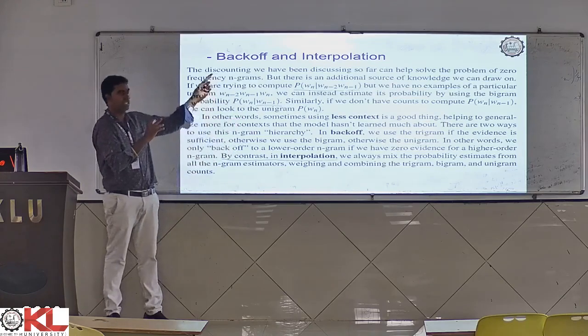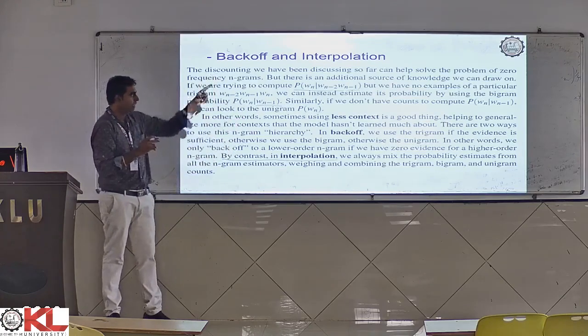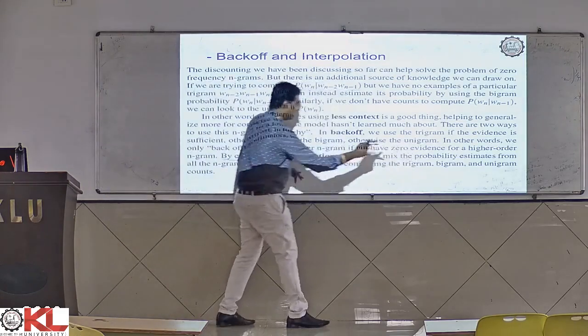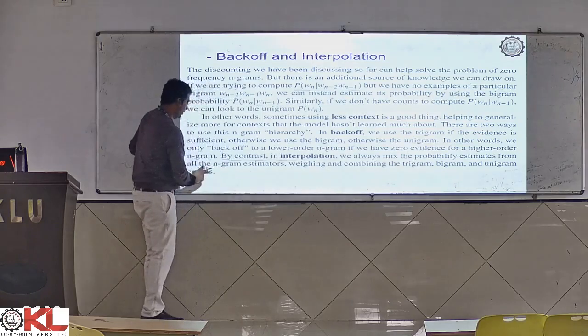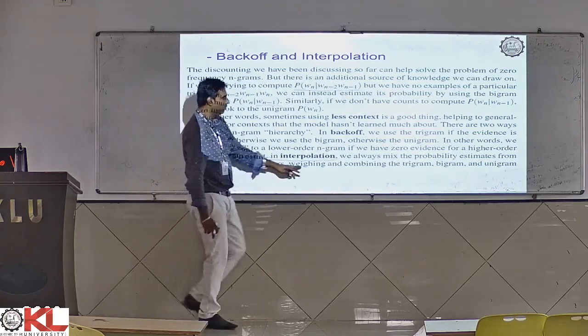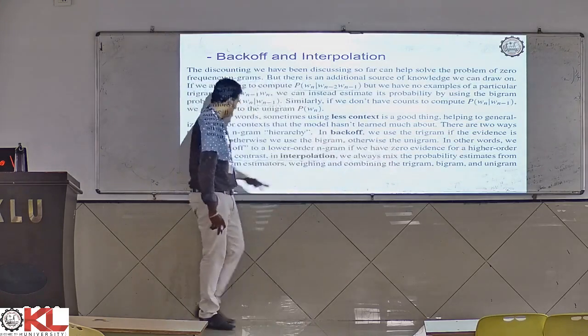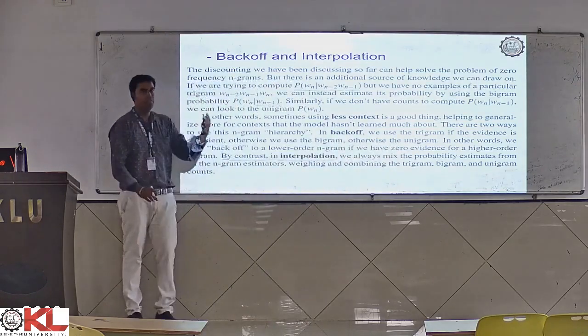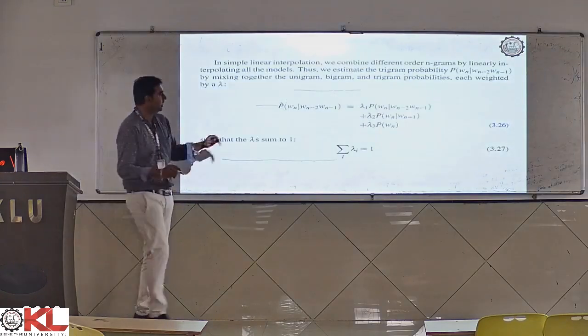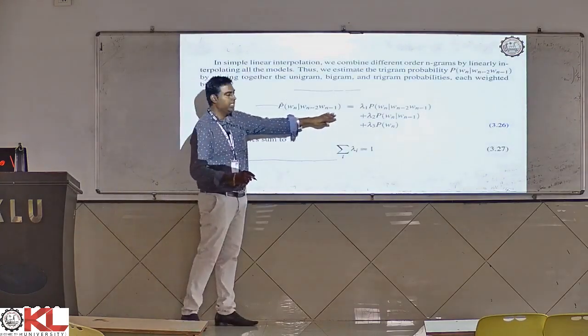That is the back off step. What is interpolation? We always mix the probability estimates from all the n-gram estimators. That means combining trigram, bigram, and unigram, and we will find the best case. So this is the operation of interpolation.